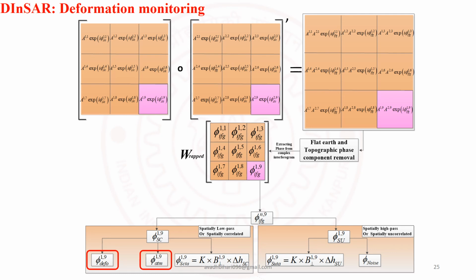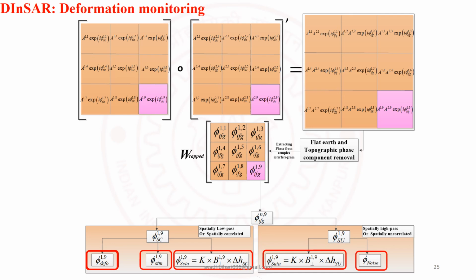And we already know spatially correlated topographic error is spatially low pass in nature, but spatially uncorrelated topographic error and noise are spatially random, or high pass in nature. But our objective is to estimate deformation only.